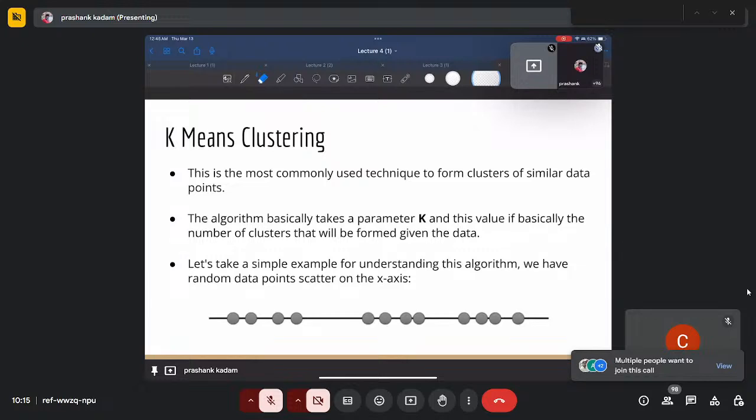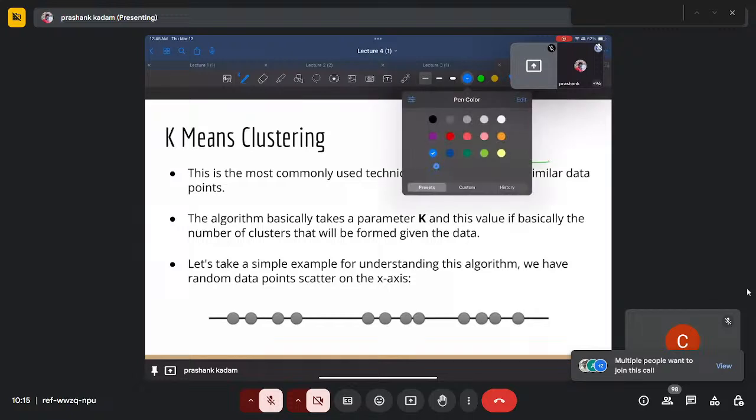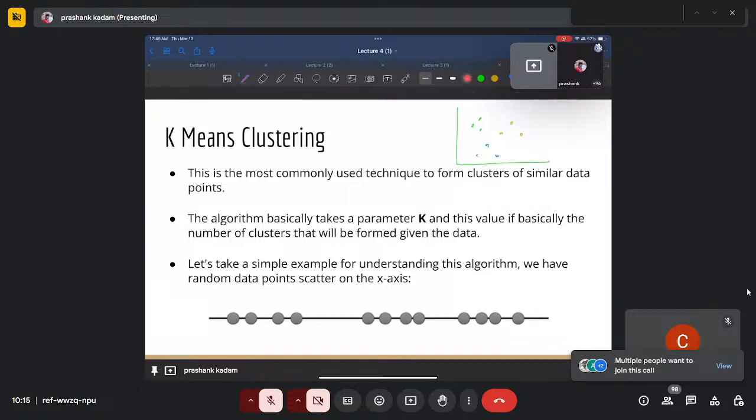Whatever new data point comes in, let's say you're plotting the data like this, and let's say this is the new data point.